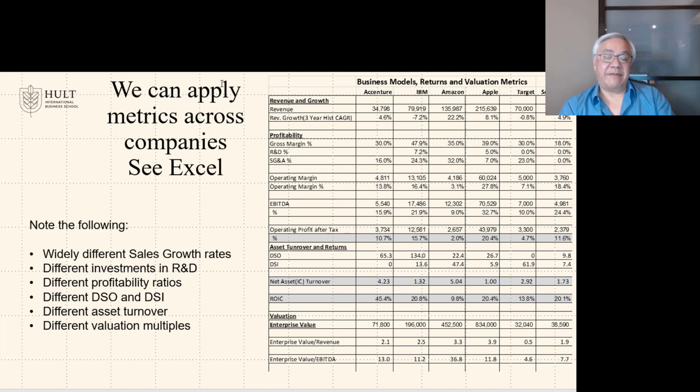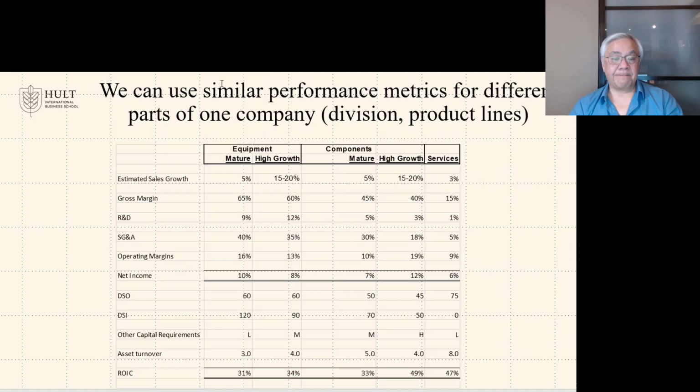This particular type of analysis uses the same kinds of things that we did when we looked at Roberts Manufacturing, but now we're doing it across different companies in an industry, or in this case, across different industries. Next, we use the same type of lens to evaluate inside of our company, but at a product line or a division level.